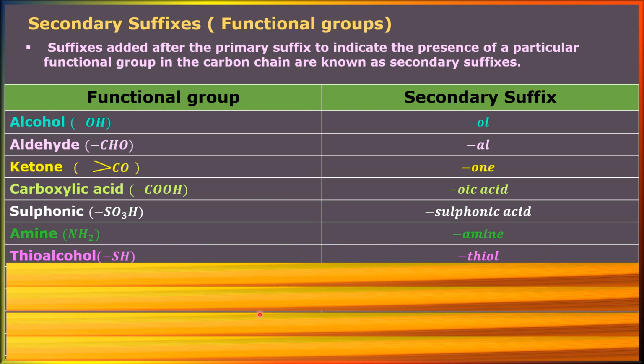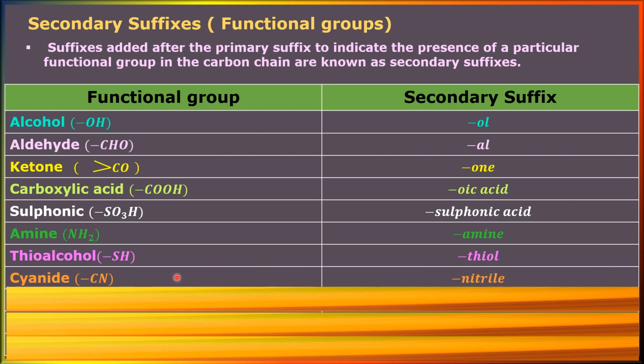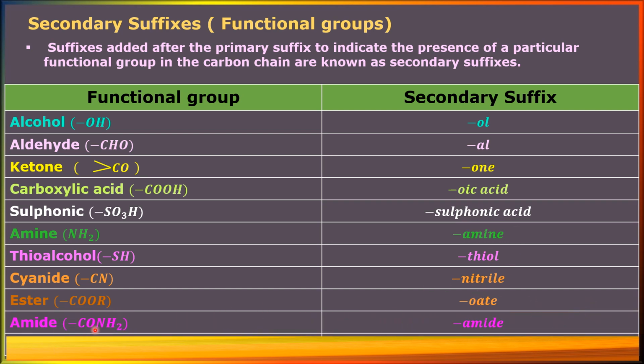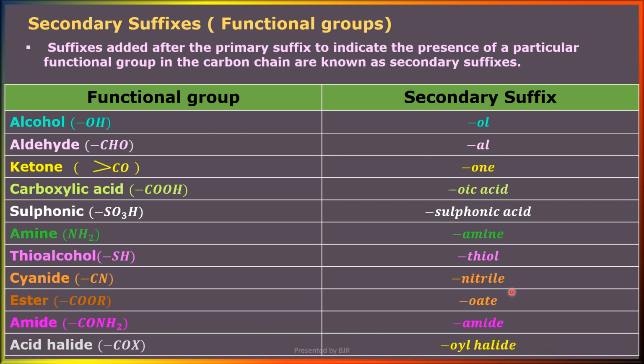Amine, thioalcohol, thiol. Cyanide, nitrile. Ester, COOR, oate. Amide, CONH2, the secondary suffix is amide. Acid halide, COX, oyl halide. Okay, so these are some functional groups and their secondary suffixes.